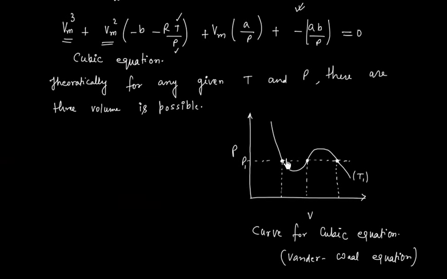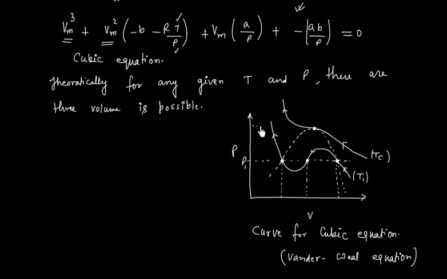Now if you remember liquefaction of gases, you will be remembering that at critical situation we will have a graph of this kind, that is at critical temperature there will be only one volume.